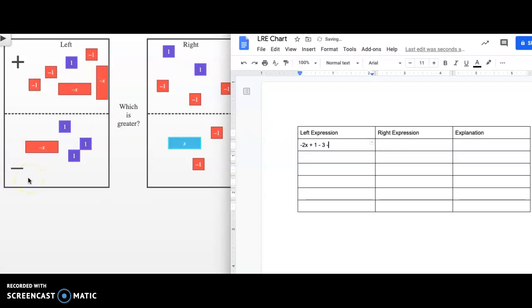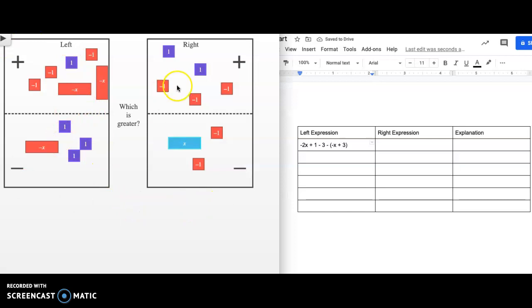So I'm going to show that I'm going down there by putting my minus. And then everything that I see in the opposite region, I want to put in parentheses. So it's telling me that I will be taking the opposite of everything that's in that bottom region. So in that bottom region, I have a negative x, and I have positive 3, plus 3. Okay, so we've got the left mat.